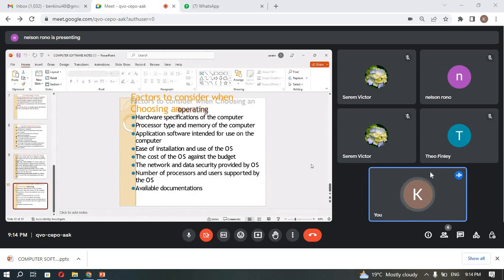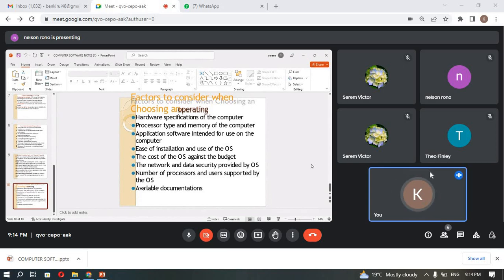We have the hardware specification, processor type, application software, ease of installation and use of the OS, the cost of the OS, the network and data security provided by the OS, and the number of processors and users supported by the operating system.